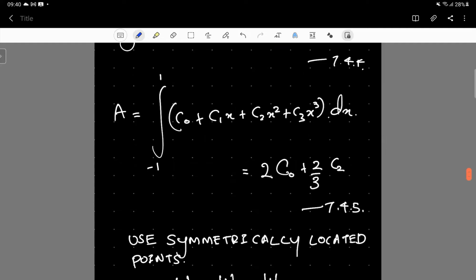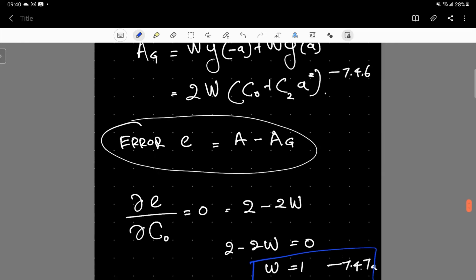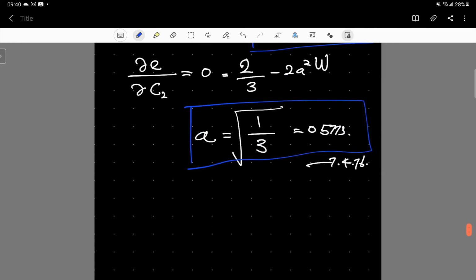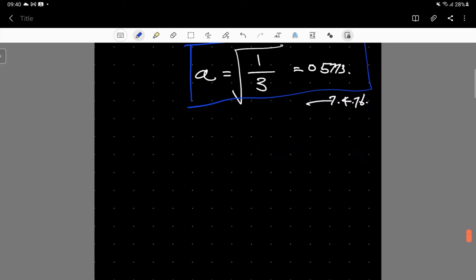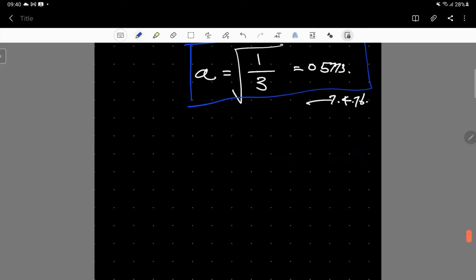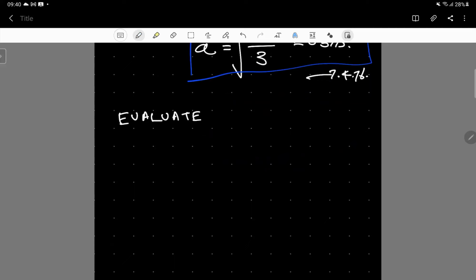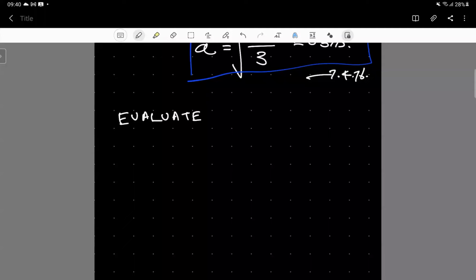So in order to get familiarized with this method again, let's try to do an example. I will also give you a few minutes to work this out on your own. So let's try to evaluate, let's say, two integrals using this Gaussian quadrature method. Let's apply the 3-point Gaussian quadrature method.